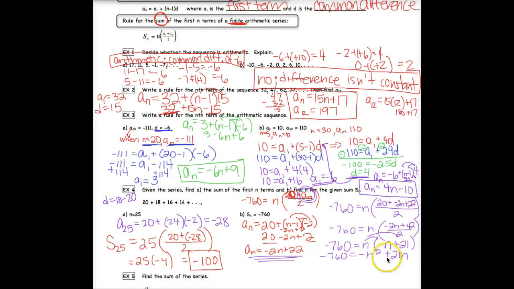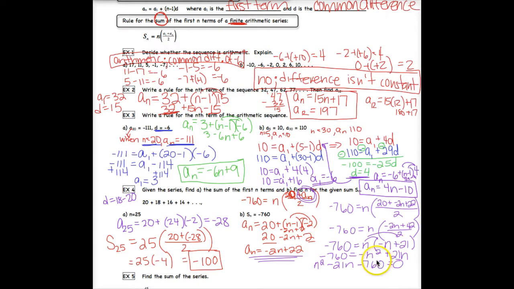So this is quadratic. Again, look at all of these things that pop up, stuff that you've got to know, solving systems, solving quadratics. If I want to solve the quadratic, I need to move these two over to the left side. So n squared, when I add it, minus 21n, because this one would need subtracted to the other side, minus 760 equals 0.